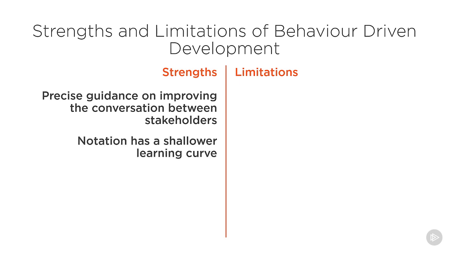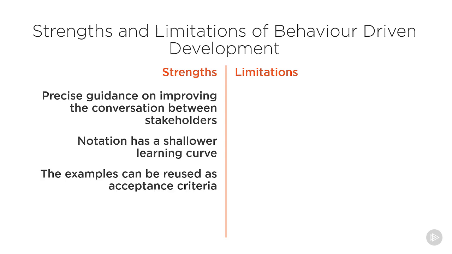Next, you can indicate that the notation used in BDD, that is, the given when then pattern, has a shallow learning curve, and it expresses customer needs in natural language, in a format that all team members can easily understand. The examples used in BDD can be reused as acceptance criteria for a user story.